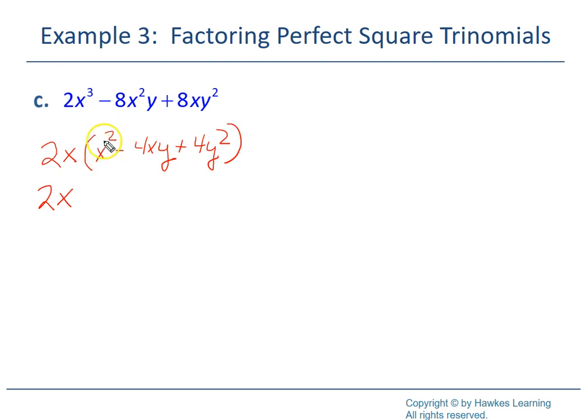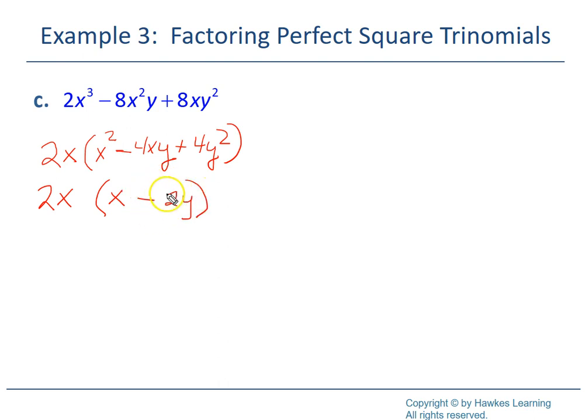Now, this is a perfect square. This is a perfect square. Going to use our middle sign. And we go x and 2y. Square the x, we get x squared. Multiply these two together, we get a negative 2xy, double it, a negative 4xy, yep.